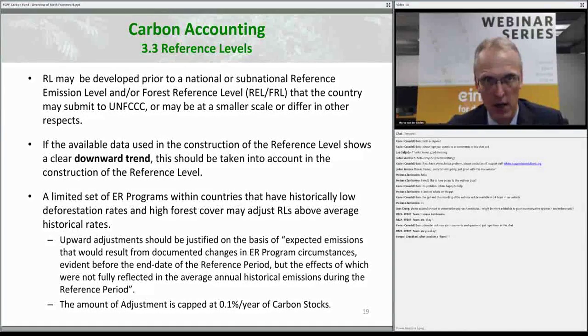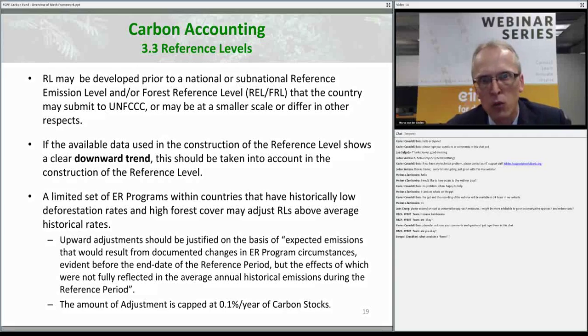Now, for a limited set of countries, there's also a possibility to do an upward adjustment of the historic emissions. This is only for countries that historically have low deforestation rates and high forest cover, what in the jargon we call HFLD.